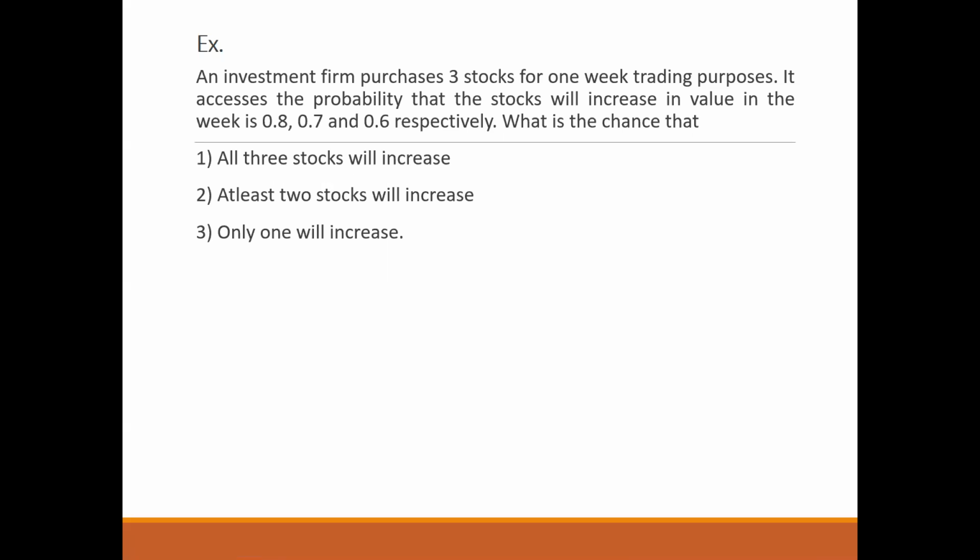Anyone? It is very simple, please. The first one, at least. Now, if you look at the question, they have said all 3 stocks will increase. That means we are going to use and there. So what is the property, or the formula, which I'll be using whenever we have A and B and C, in this case 3? So we have to use the multiplication formula which is there.